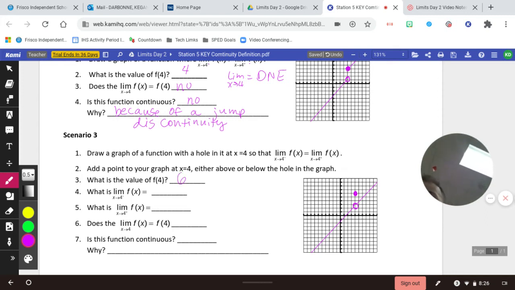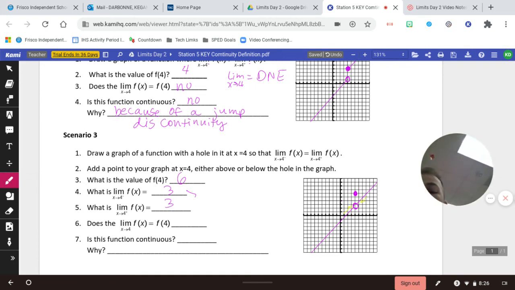What is the limit as x approaches 4 from the left? Well, I did a really bad job drawing, but let's say it's 3. What is the value as x approaches 4 from the right? Also 3. So our overall limit would be 3. Our value of our point is 6. So does the limit and the point equal each other?